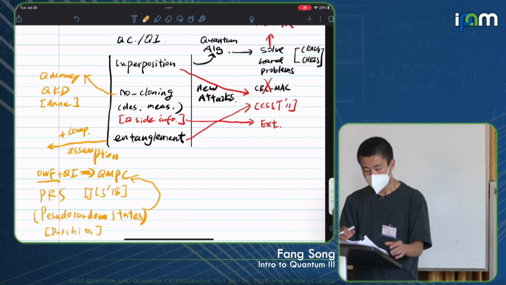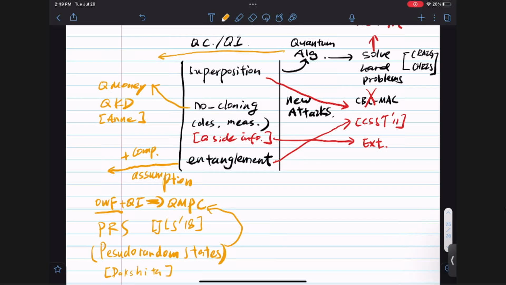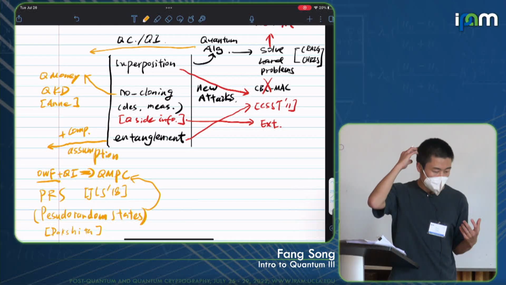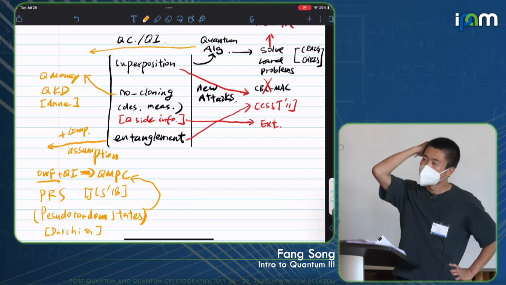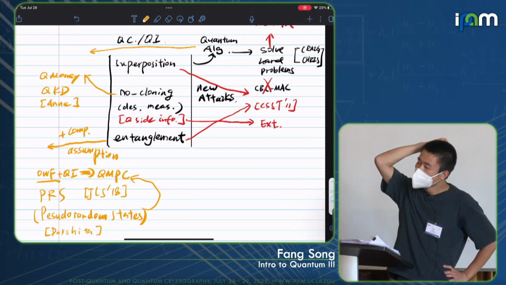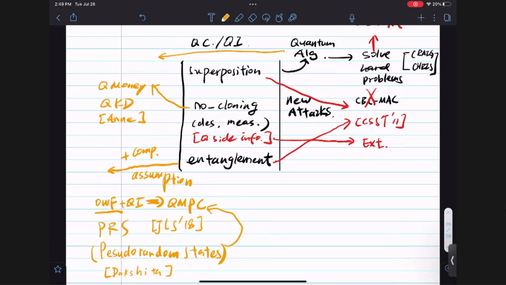One possible place is using quantum algorithms in cryptographic reductions. Meaning, let's say I want to build a one-way function based on some NP-hard problems.